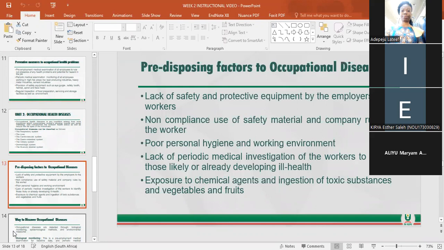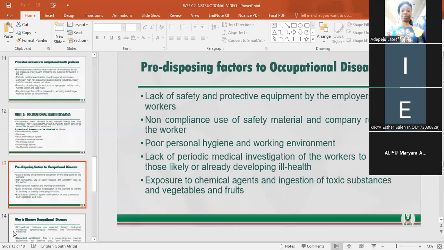The employers have their role, as well as the employees. So if the employers are providing a safe environment and protective equipment, it is expected that the employees also use those safety materials and comply with the rules and regulations guiding them.